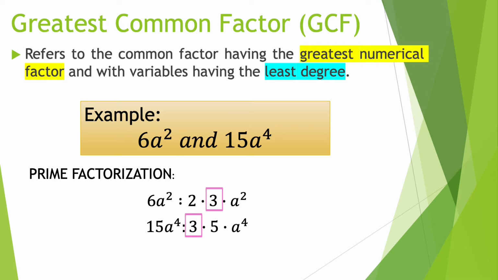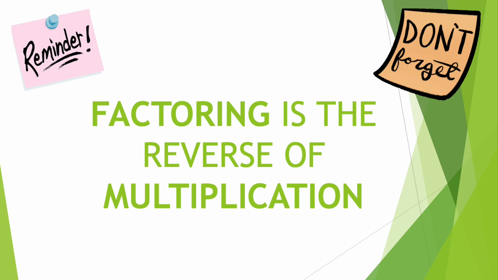Okay, tama ba? Next, we have a squared and a raised to 4. Kuhanin natin yung may pinakamababang exponent. Okay, which is a squared. So, therefore, ang GCF natin with the given terms is 3a squared. Tandaan na ang factoring is the reverse process of multiplication.